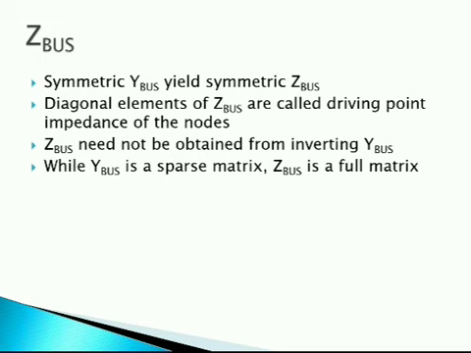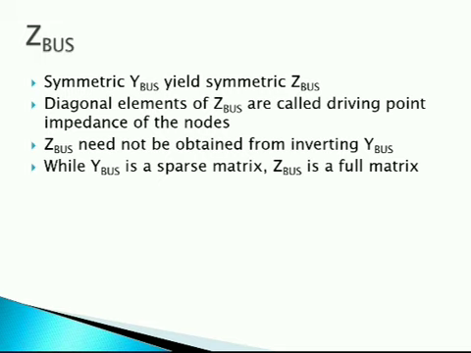Zero resistance means short circuit, so a zero element in the matrix is not seen in Z bus. So Y bus is called a sparse matrix because it contains a lot of zeros, but the Z bus matrix is a full matrix. It has non-zero elements throughout.